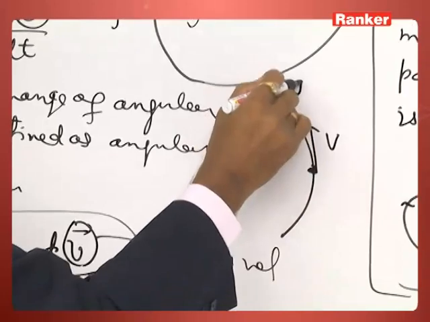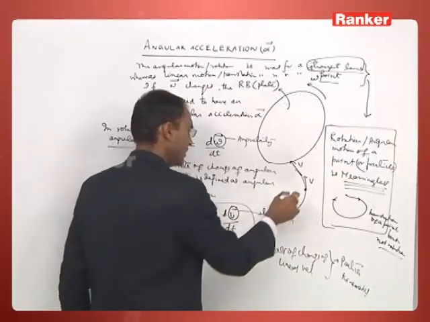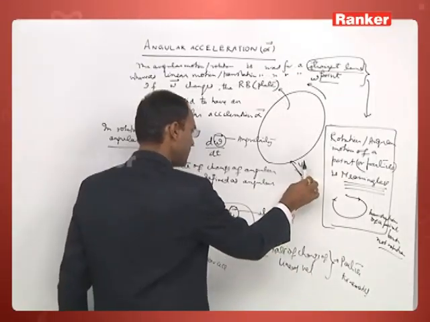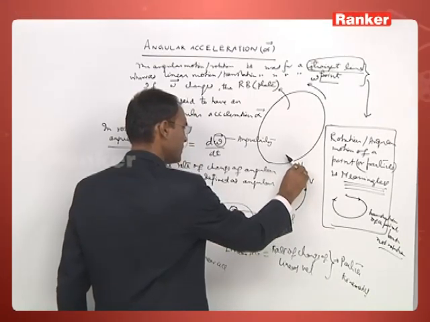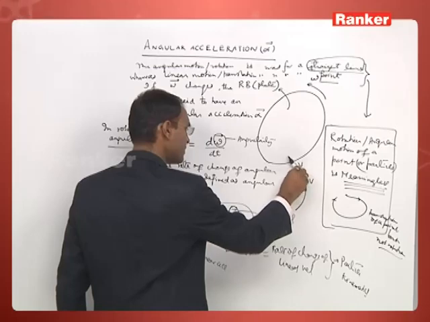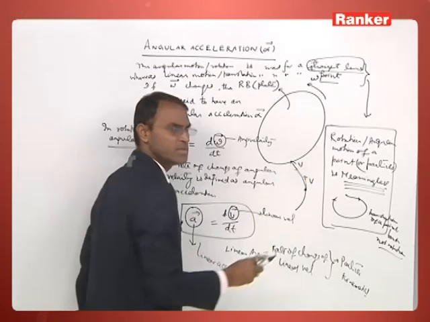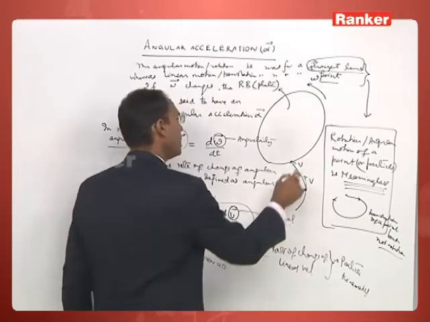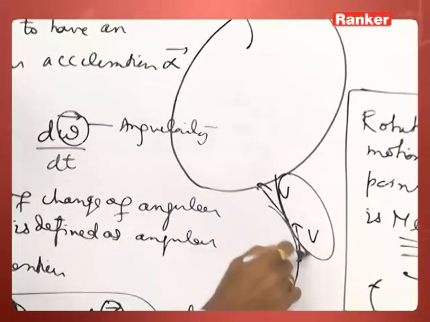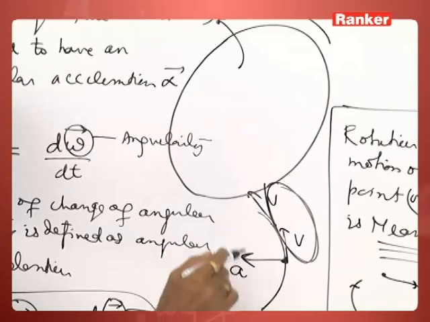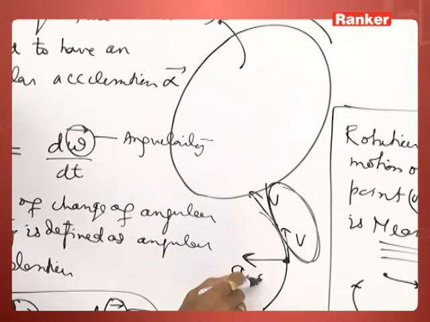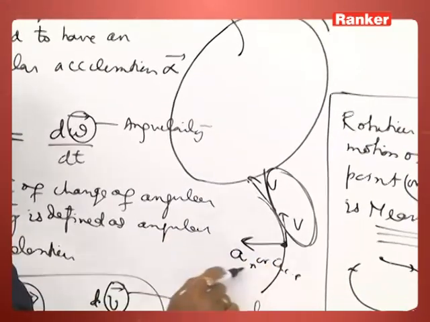If you keep the magnitude constant, the direction part is changing, because the angle of inclination of the velocity vector keeps on changing. Therefore, its direction is changing. Because of the change in direction, another acceleration comes into play, and that acceleration is called normal acceleration or centripetal acceleration for circular motion.